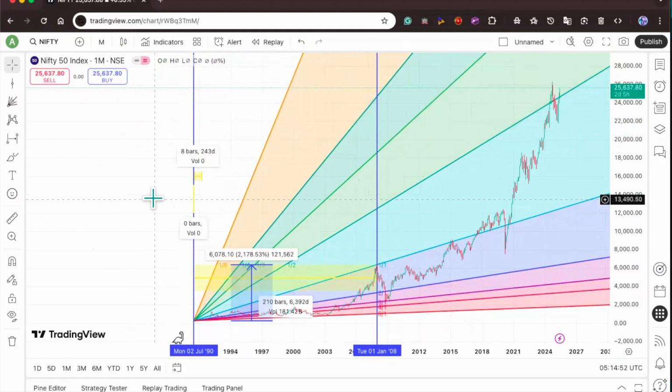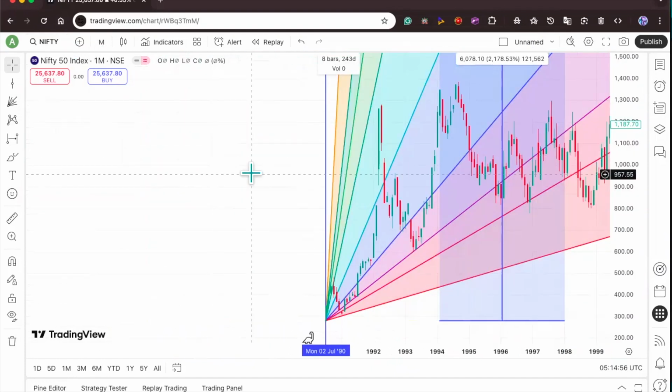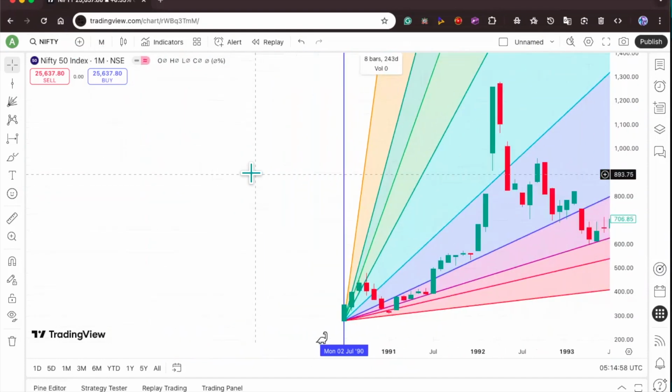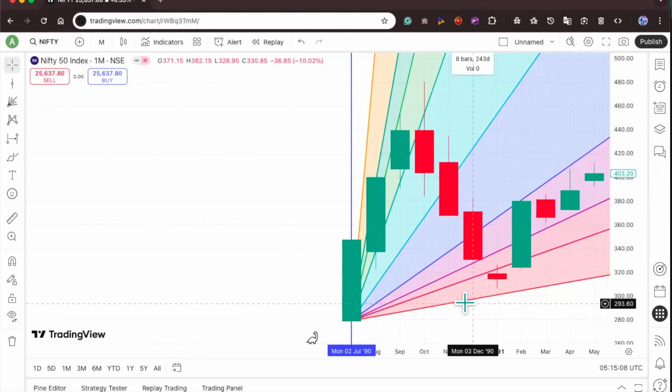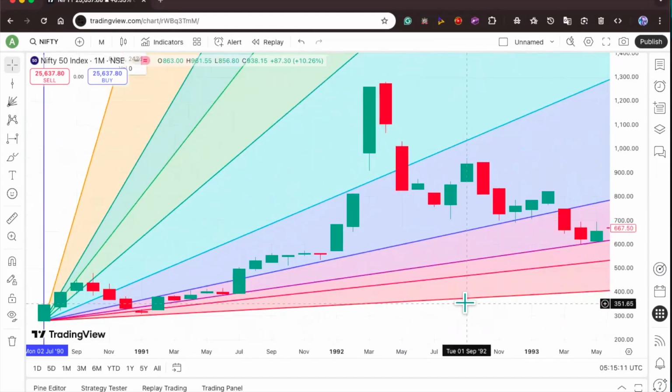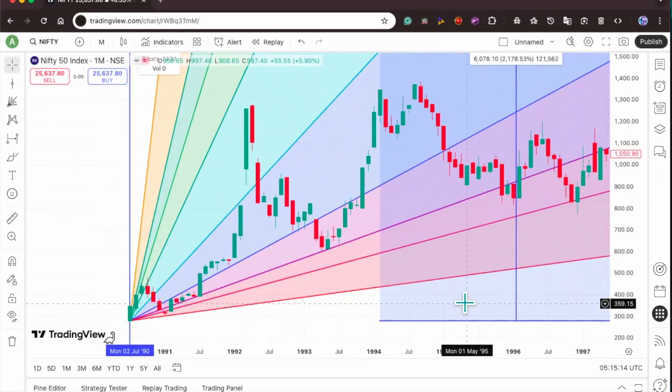So if I look across, I have considered the start point. This is first of all a monthly chart, and this is Nifty. So Nifty, we had somewhere around starting from July 1990. So we have considered that low as our starting point. And the other point that we have considered in this chart is our 2008 high.